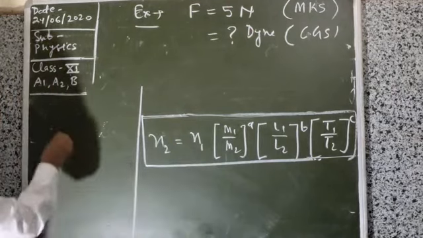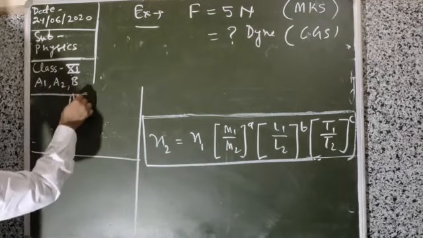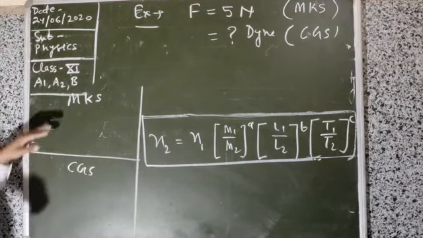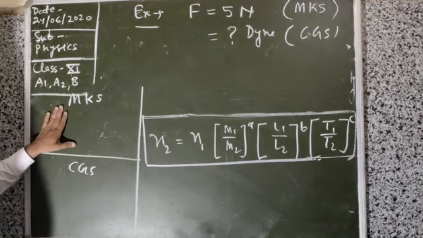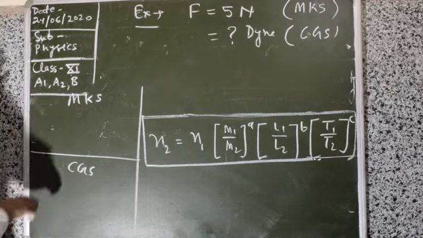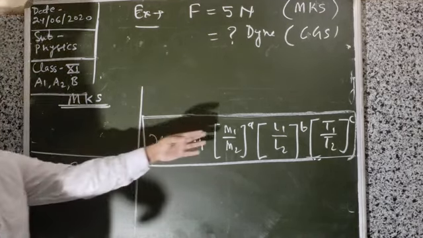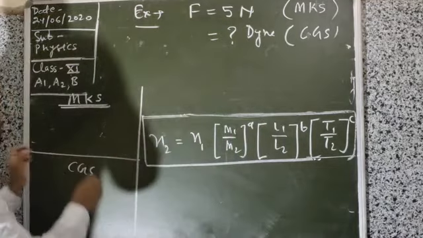So we have two systems, MKS and CGS. In the MKS system, the size of the mass, length and time.